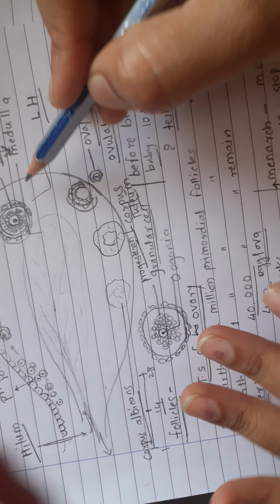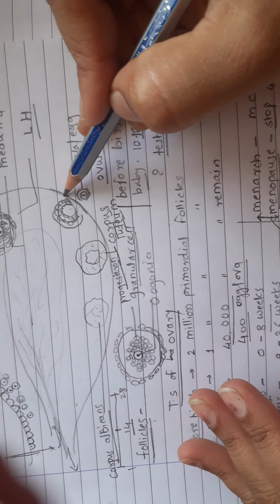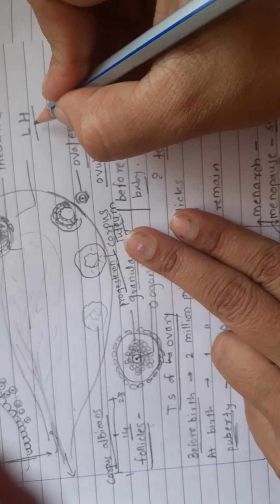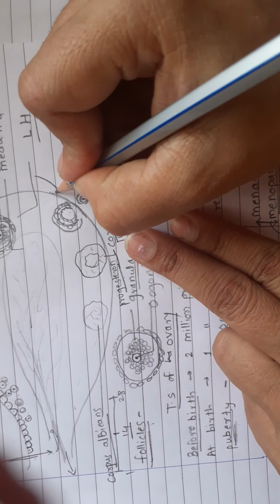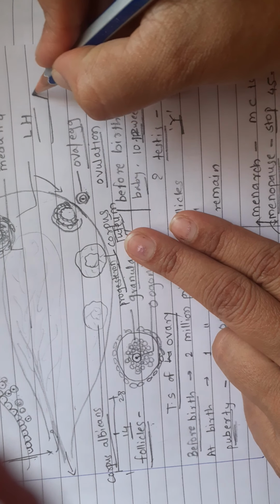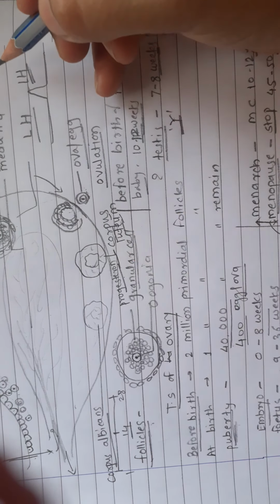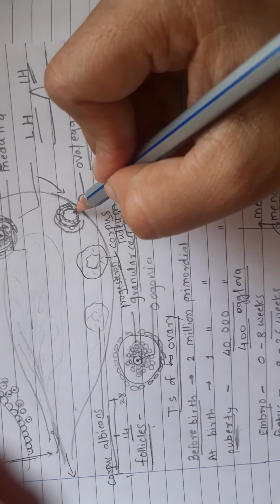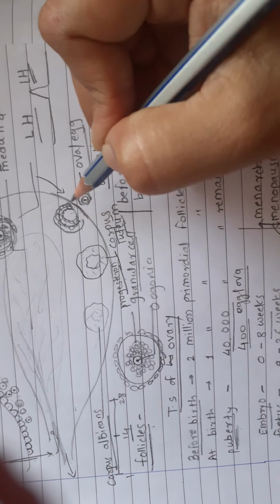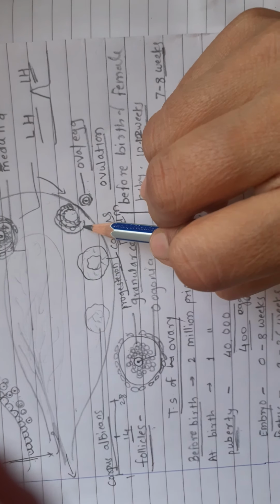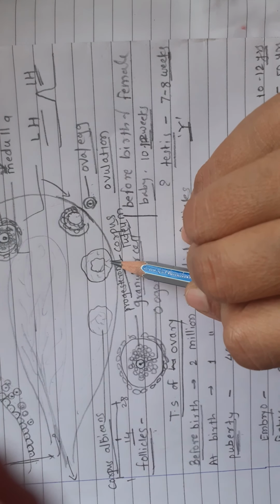These Graafian follicles come near the wall of the ovary under the influence of LH. Here we see a peak point of LH, a sudden increase of LH by the pituitary gland, causing rupture of these Graafian follicles and release of the ova. The remaining part of the follicle is called corpus luteum.